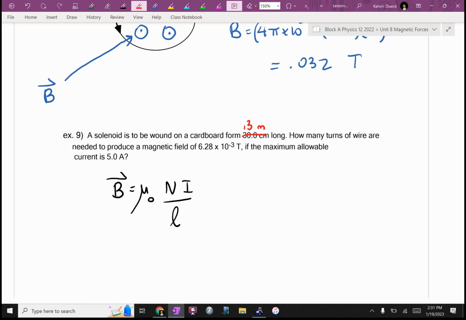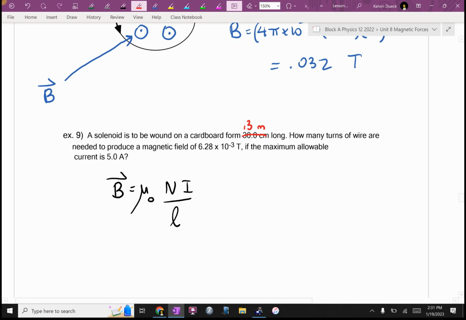That's current. Is it L? That's length. What does N stand for? Number of turns of wire. Okay? Get the N by itself. How will I move the L over? How will I move the mu naught and the I over?